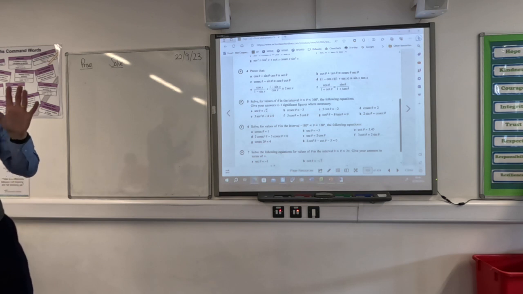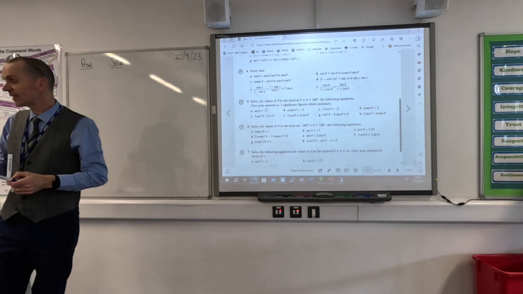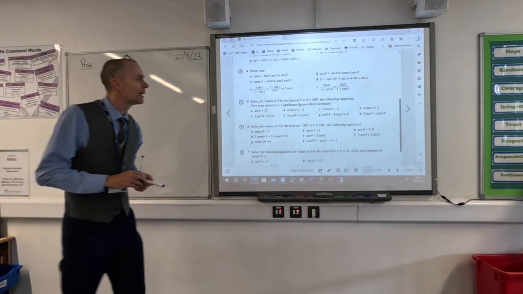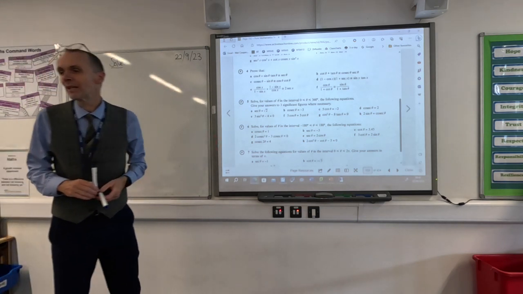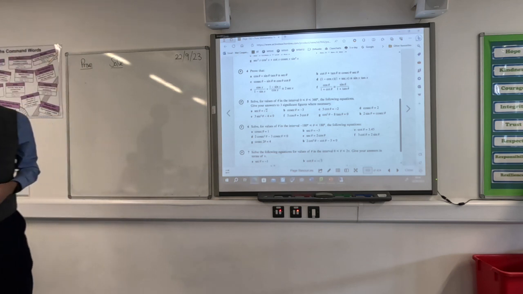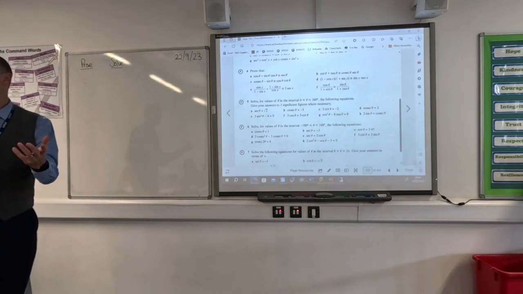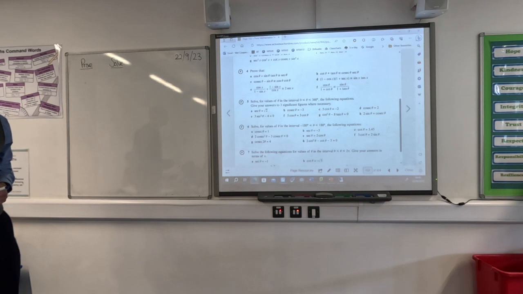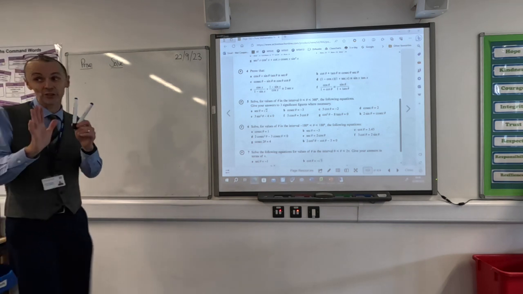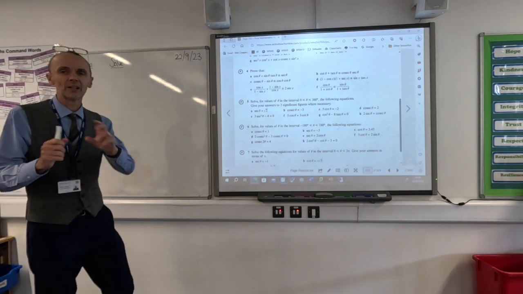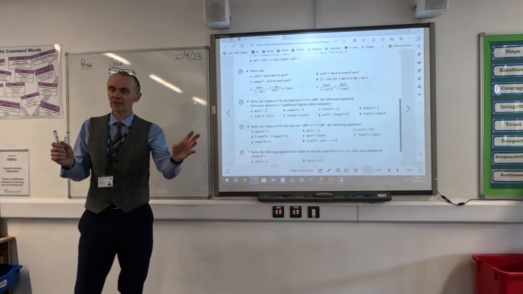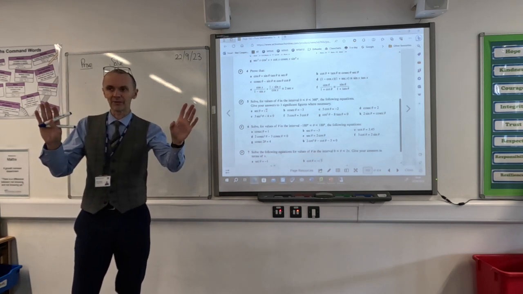Proof questions in this context, I would recommend we always follow the same approach. You pick a side, and you try and make that side the same as the other side. So when we're doing proof questions, we don't tend to do things like take something from both sides or multiply both sides by something.